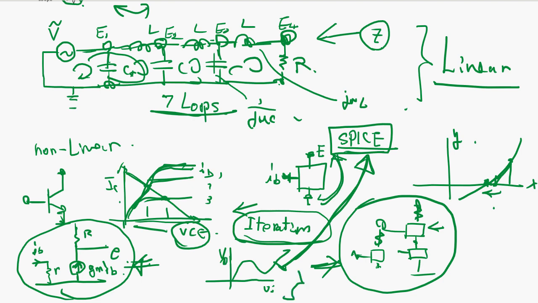So once you master the SPICE software program, then pretty much any circuit with bipolar transistor and MOS transistor, you can calculate the operation of the circuit. But it's all based on Kirchhoff's theory.